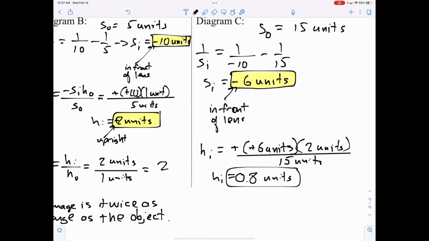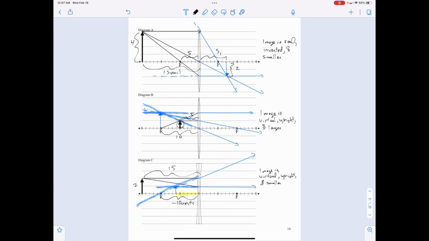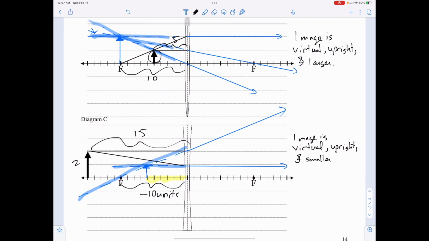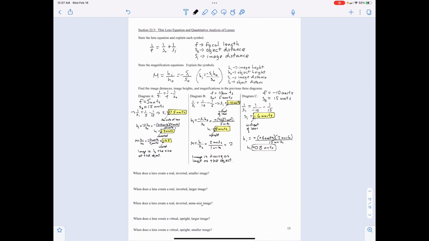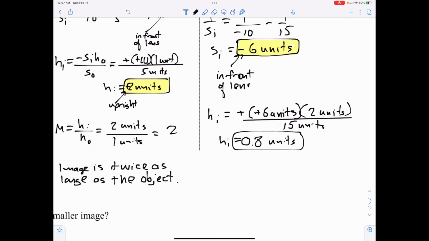Okay, let's check with the picture. And that kind of makes sense because what do we have here? This is 2 units high. The image height is a little less than 1 unit high, so being 0.8 units high does make sense. It's positive, which means the image is upright. And then finally, magnification is image height to object height, which would be 0.8 units to 2 units, which would be a magnification of 0.4.